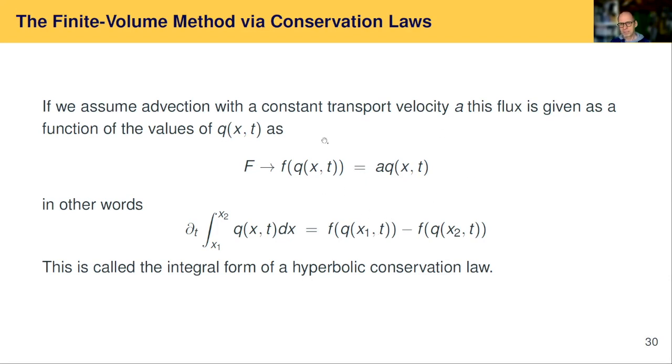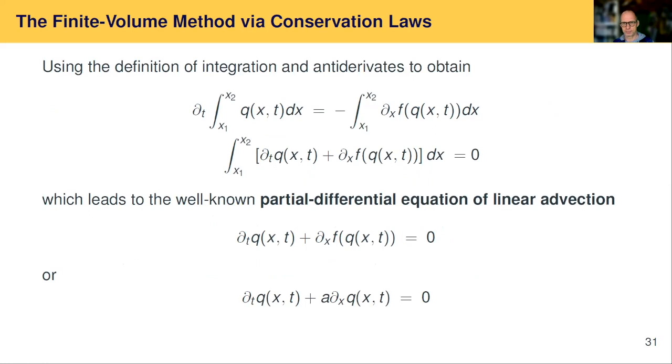Then let's write it in general. This is a function of the field itself. Then you can just write it like this: a function of Q at x1 and a function of Q at x2, defined at these boundaries. And that's called the integral form of a hyperbolic conservation law for the volume that we're looking at. And now comes an interesting trick.